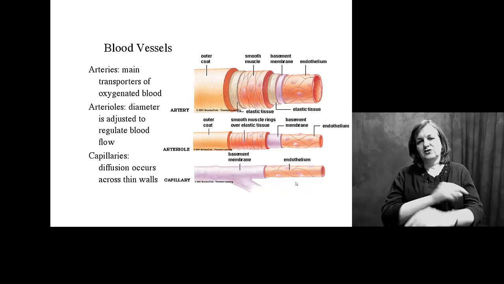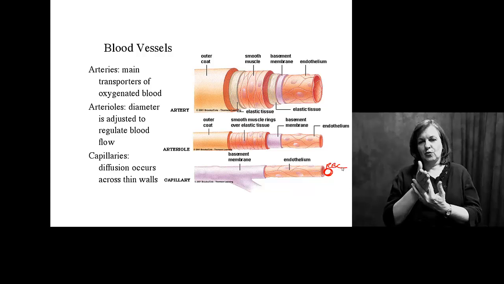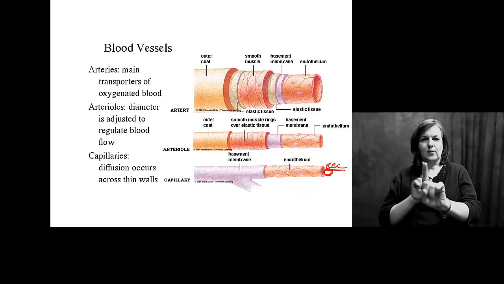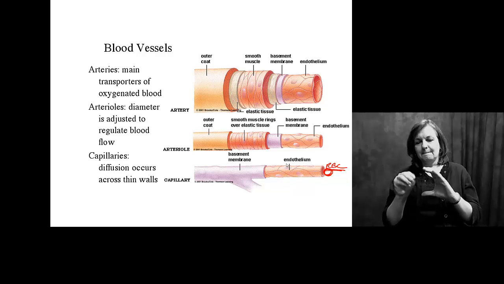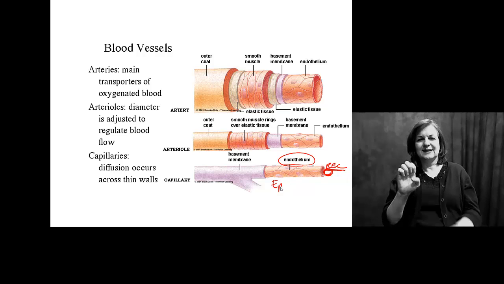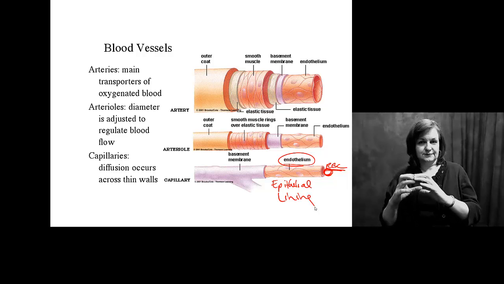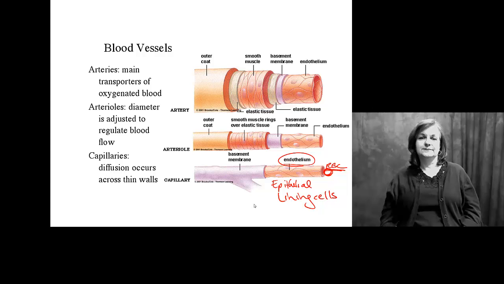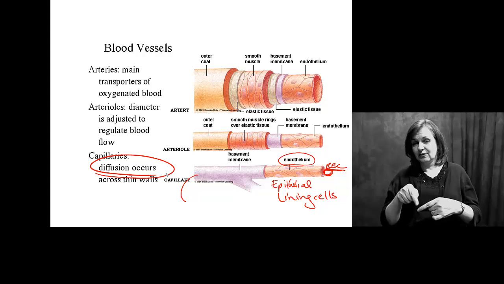And then when we get down to the capillaries, you would get 1 red blood cell coming through here at a time, single file through that endothelium. Remember, when we look at endothelium, these are epithelial cells. They line things. And for the capillaries, diffusion is what we're most interested in.